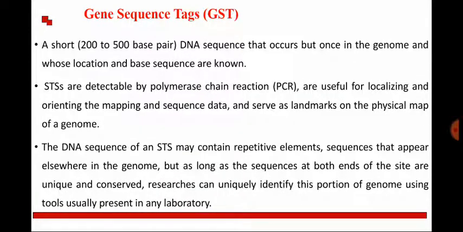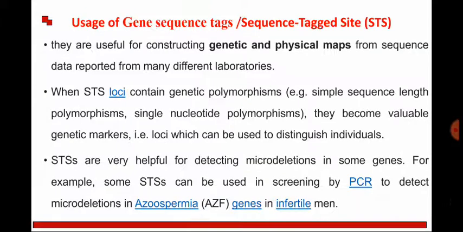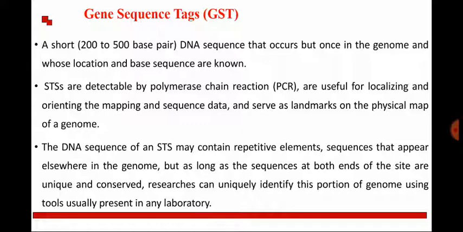Here the last one is sequence tagged sites. In this there are short DNA sequences, 200 to 500 base pairs, whose genome location and base sequence are known. Here the STS, that means sequence tagged sites, are detected by the polymerase chain reaction, which is useful for localizing and orienting the mapping and sequencing data.